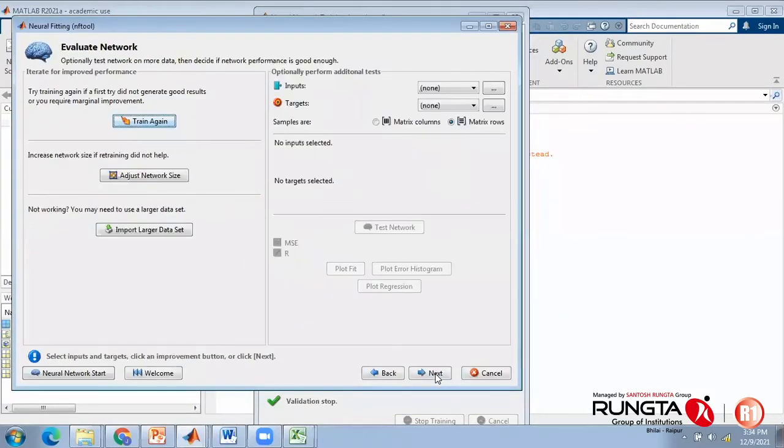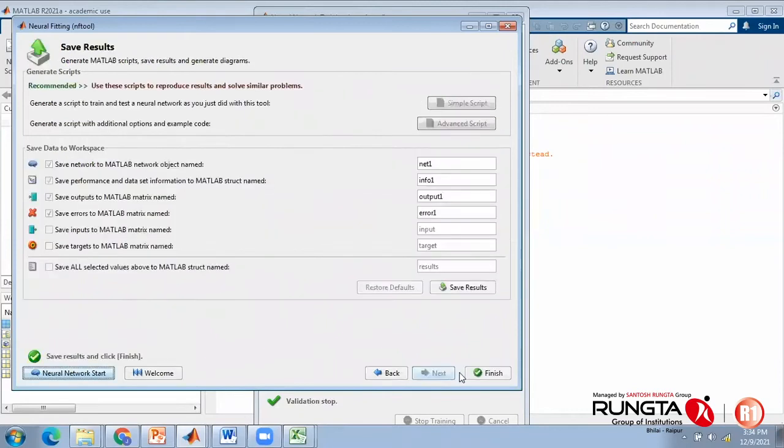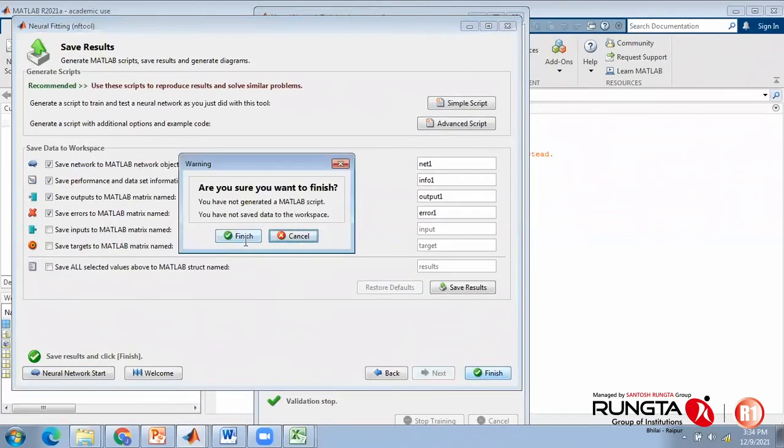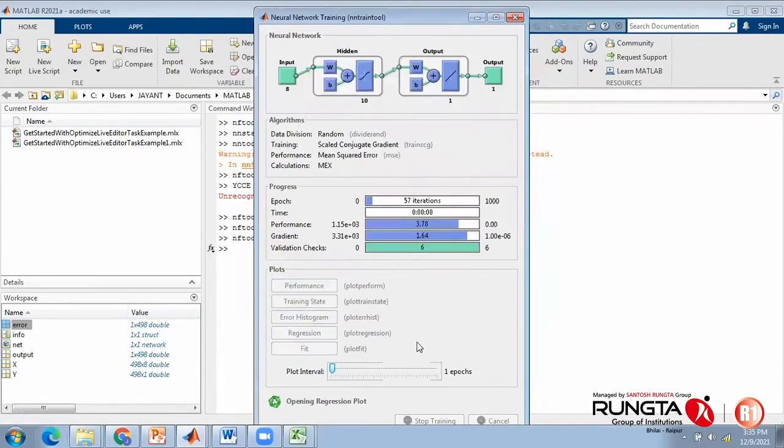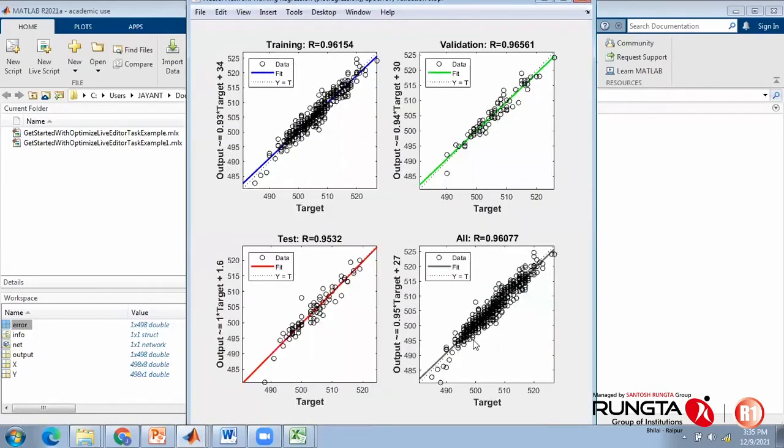So it doesn't appear that it is providing me better results. Let me finish it and then we'll talk about the performance. So it is 3.798 with the 9, 10, 1 topology. Regression, it is 0.96, the old one only.